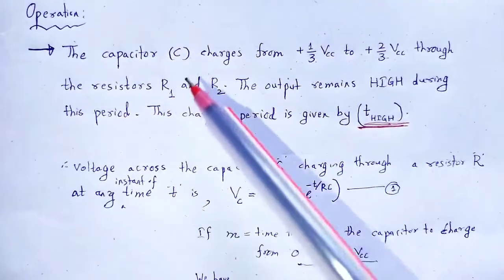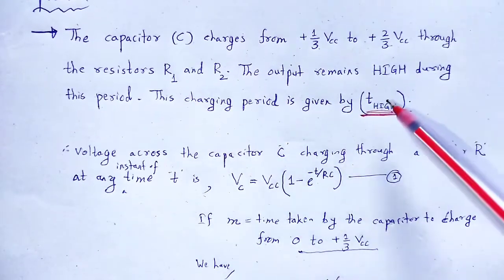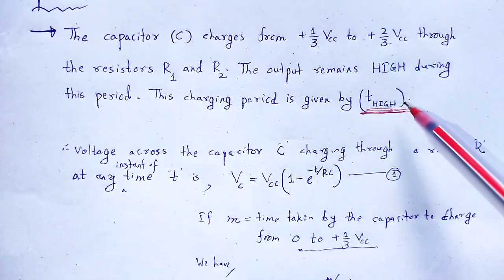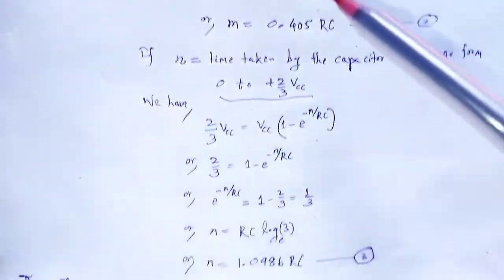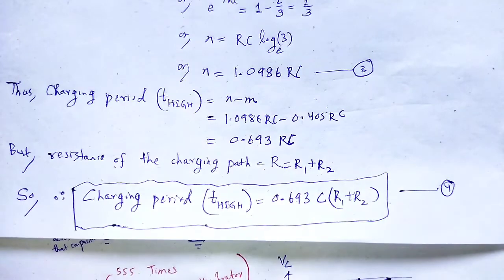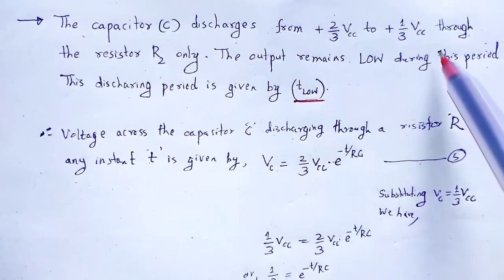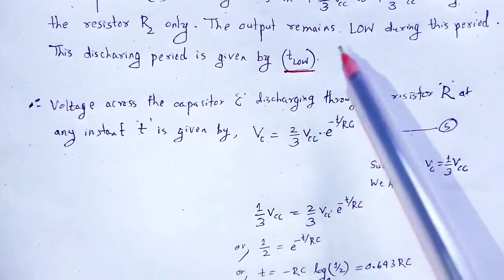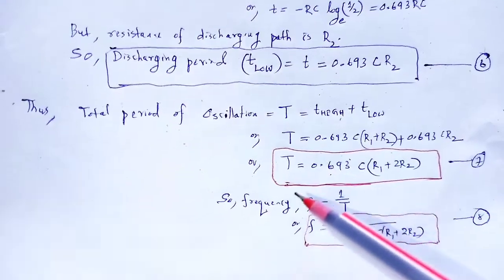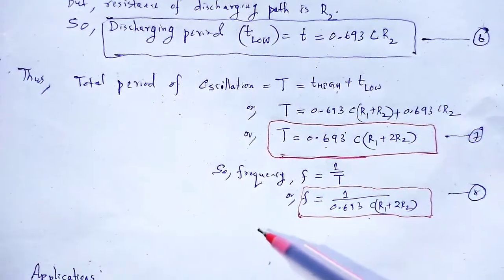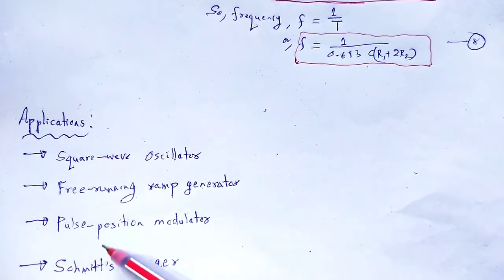Operation is based upon charging and discharging. For charging, when the capacitor is charged from that potential to this potential, the time period is high, so T high is calculated. Next, in the discharging situation, the potential drops from this to that, and the time period T low is evaluated. Finally, the total time period of oscillation, T low plus T high, then frequency, and the applications of astable multivibrator.